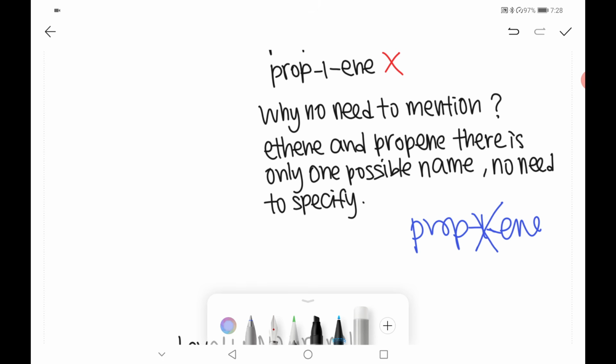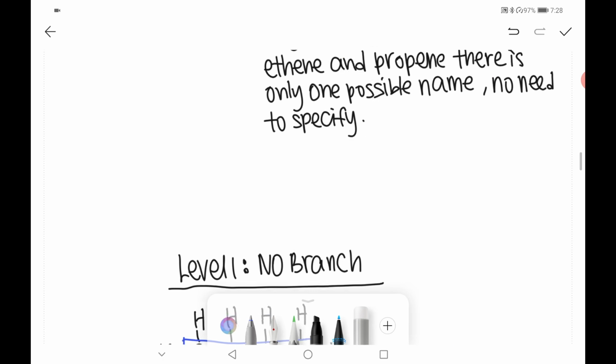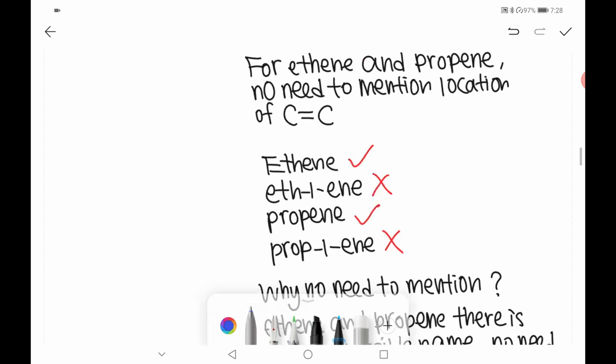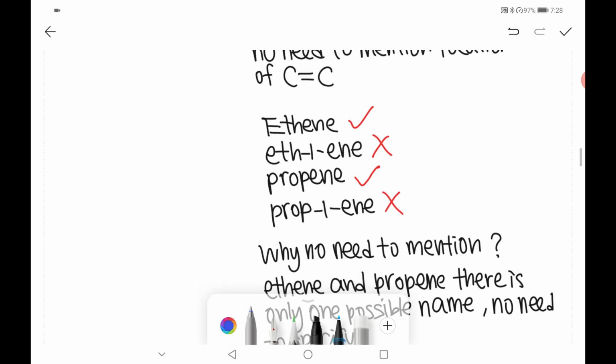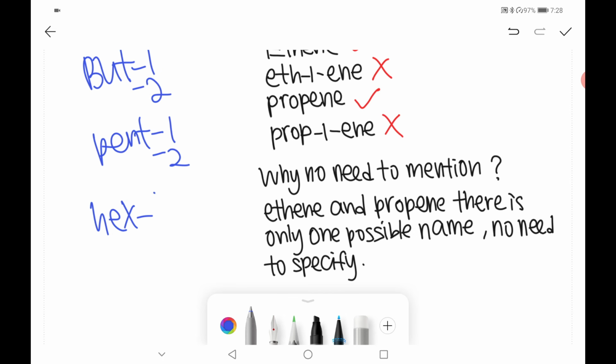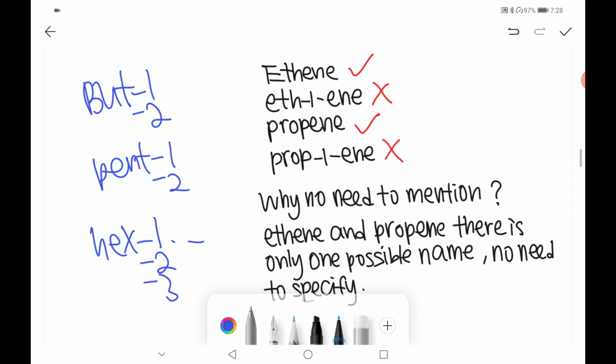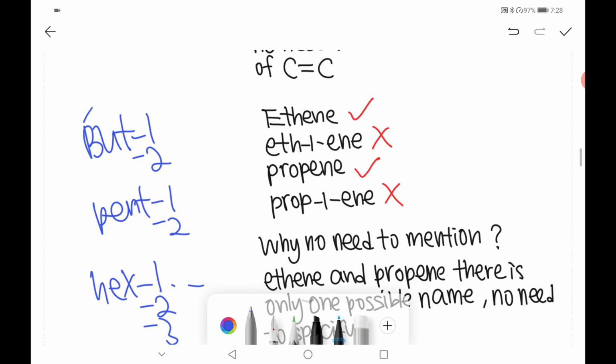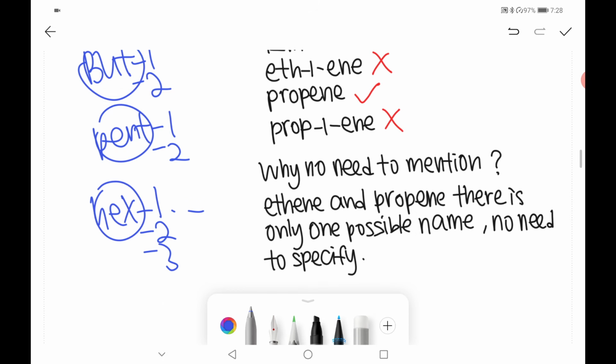This is something very, very important. For all the others, you need to mention the location: but-1-ene, but-2-ene, pent-1-ene, pent-2-ene, hex-1-ene, hex-2-ene, hex-3-ene. For butene, pentene, hexene and so on, you need to mention the location of the double bond.